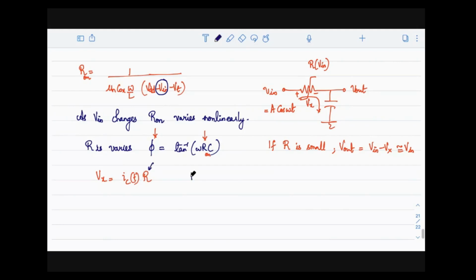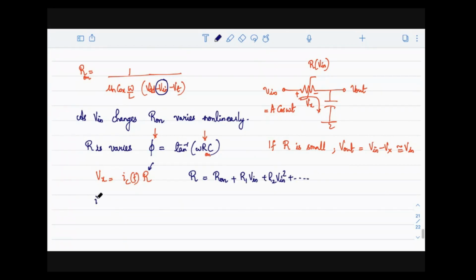Since I know that this R is nonlinear, how can I better represent R? A linear component, and I need to attach the nonlinear. How will you generally attach nonlinearity? By using the Taylor series. So I'll write it as R on, that is the value I'm expecting, plus, I'm just using different notation, R1 V in plus R2 V in square plus etc. This is how I can actually model the resistance.